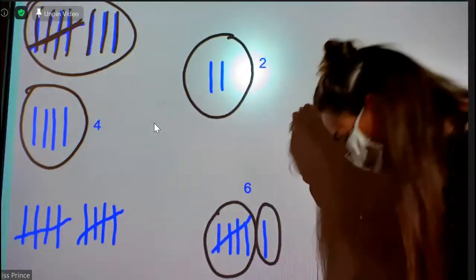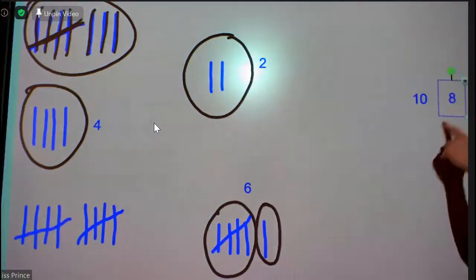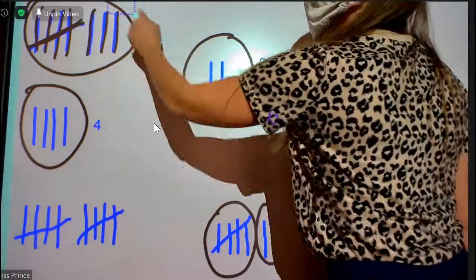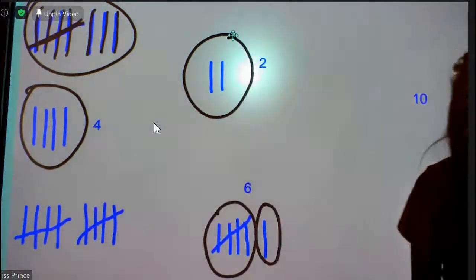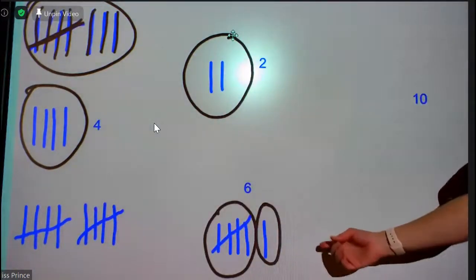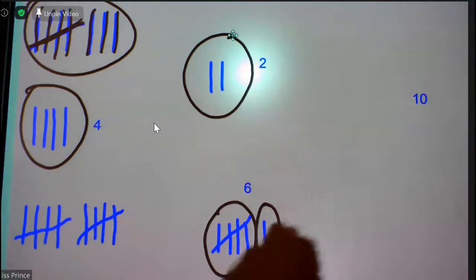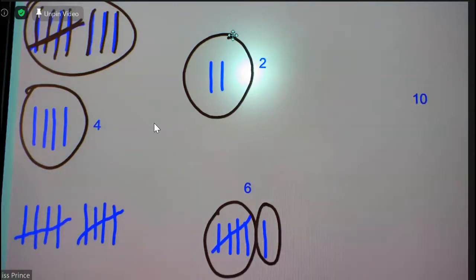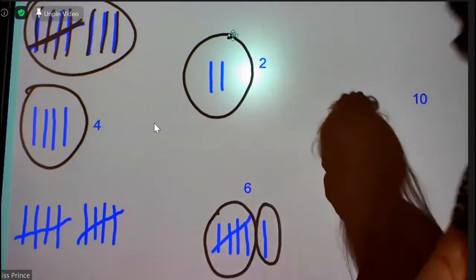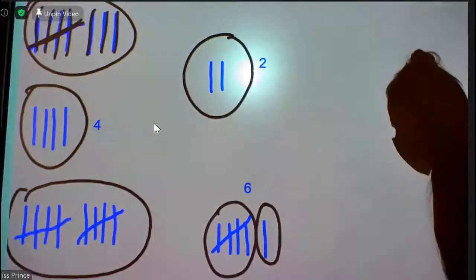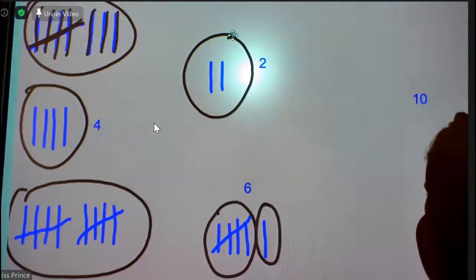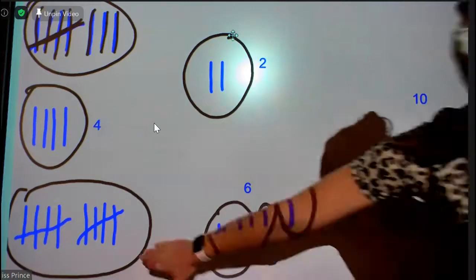He's so right. Nice job, Nicholas. 8. Okay, we have one more. Ooh, 2 bundles? We wrote that earlier. Alakai, how many are in this group right here?